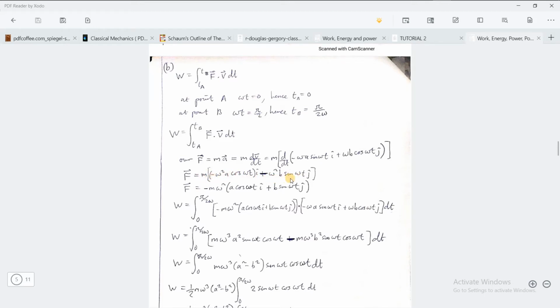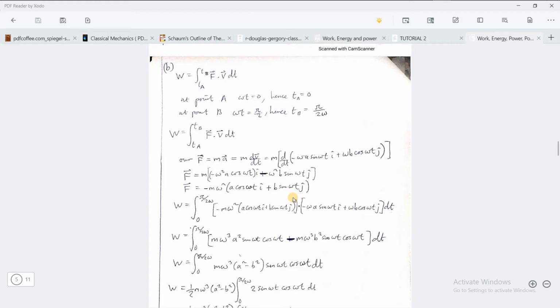In other words, this is the acceleration. Then factoring out negative m omega squared, which is common, we get minus m omega squared, and leave a cos omega t i plus b sin omega t j inside the brackets.